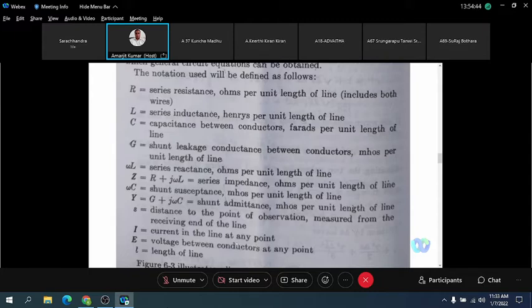And I is the current in the transmission line at any point, and E is the voltage between the two conductors at any point. And L is the length of the transmission line.